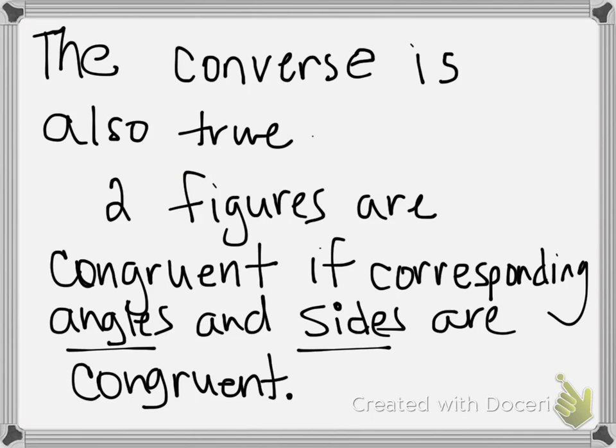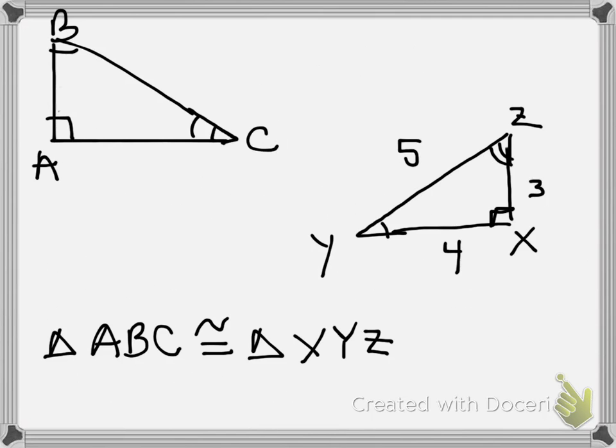We now know the converse of this is also true. Two figures are congruent if the corresponding angles and sides are congruent. If we find that all the angles and all the sides of two triangles are congruent, we can say that the triangles are congruent. Here's another example. We have triangle ABC, and over here X, Y, Z. Angle X and angle A are both 90 degrees, so they're congruent.